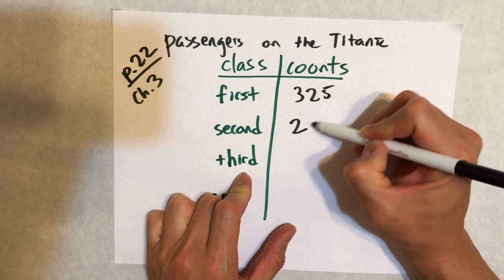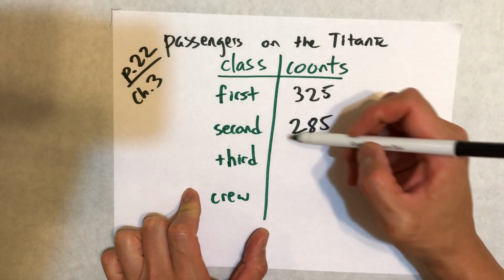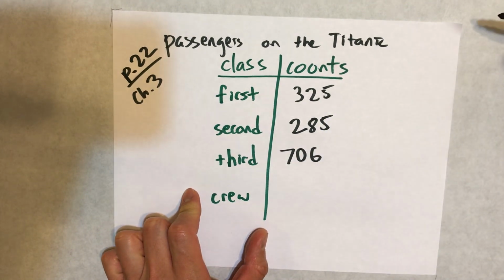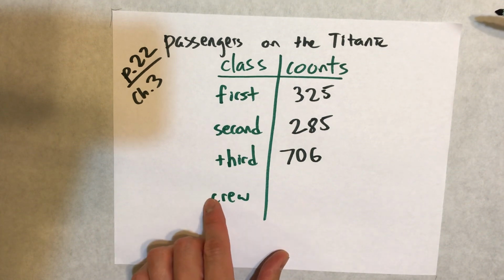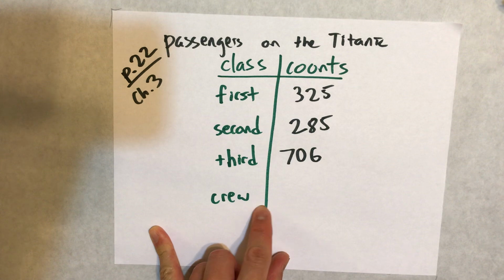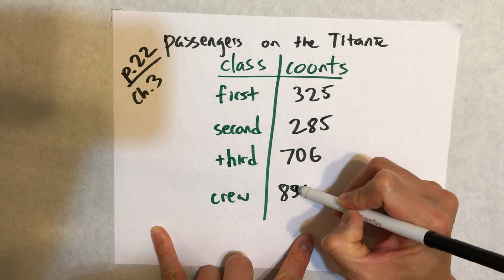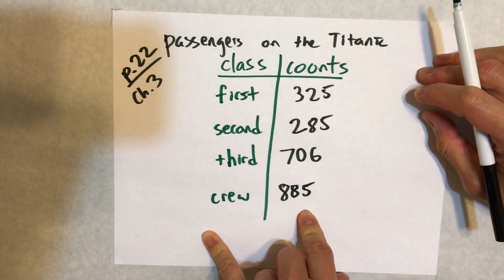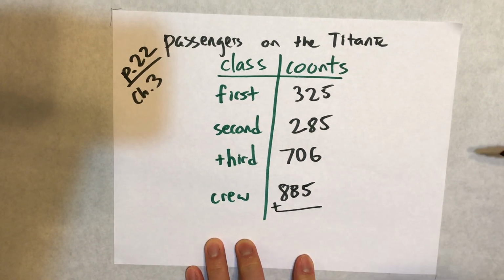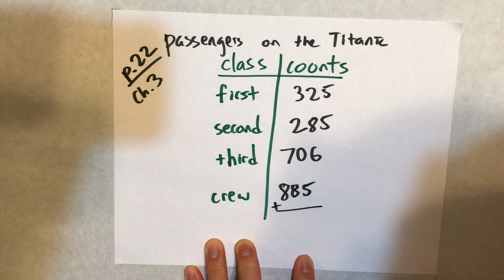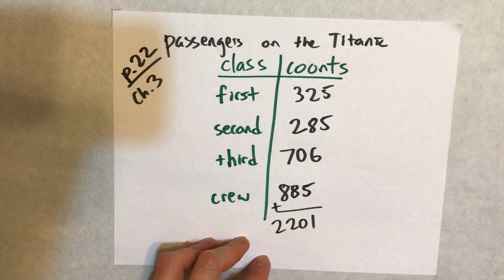There were 285 passengers who were second class, and then the largest class was 706 passengers. Now I'm going to give you the number of crew members, but take a guess. How many crew members do you think were on that massive Titanic ship? Okay, 885 crew members. So this gives us a total of 2,201 total people on the ship.